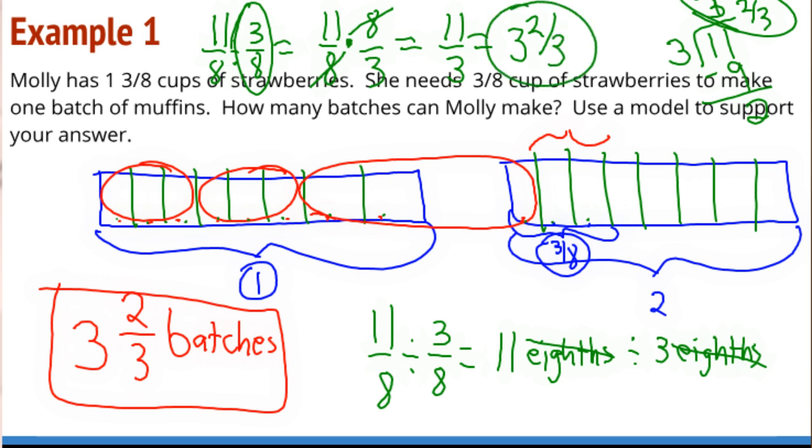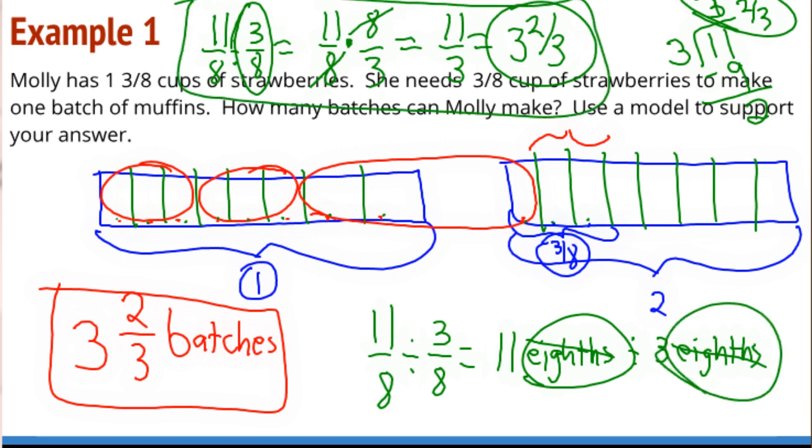So I've now worked this problem 3 different ways to find out that Molly can make 3 2/3 batches of muffins. I've got a tape diagram going on. I have canceled my units, and I have played or experimented with the multiplication that we have been testing.